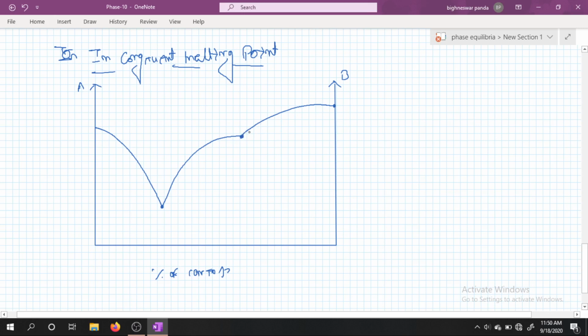In case of congruent melting point, we have a graph like this. But in case of incongruent melting point, we have this type of graph.